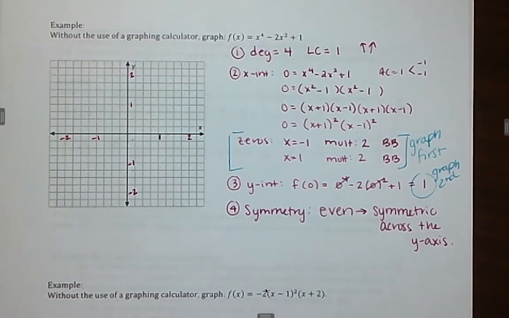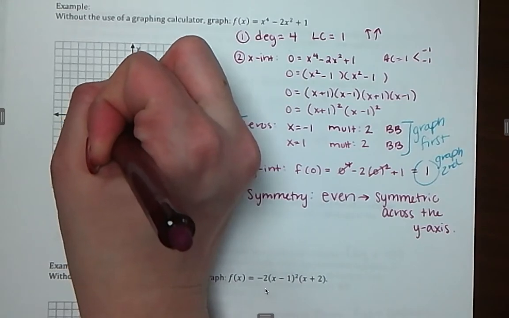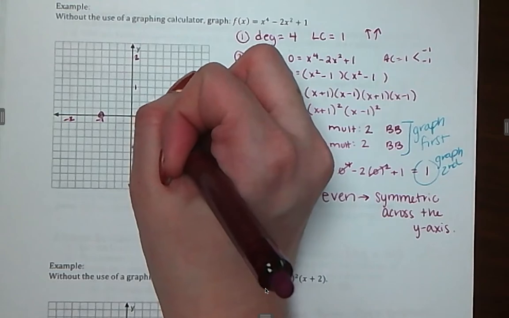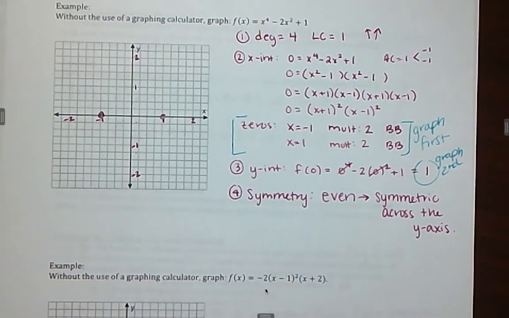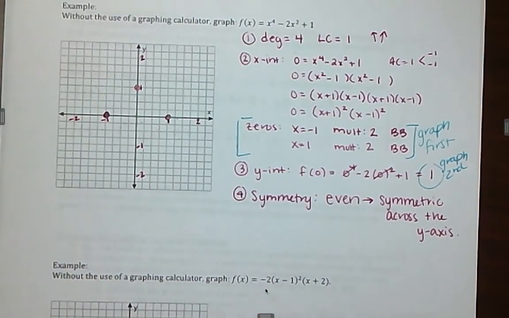So we have an x-intercept at -1, and an x-intercept at +1. And then we have a y-intercept at +1. So you've plotted your points. And now you're going to use your end behavior.